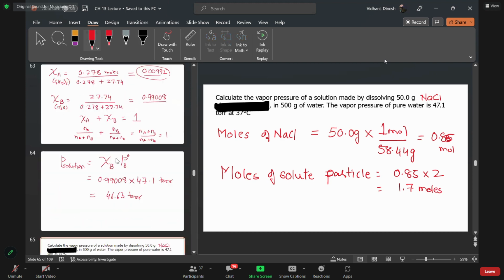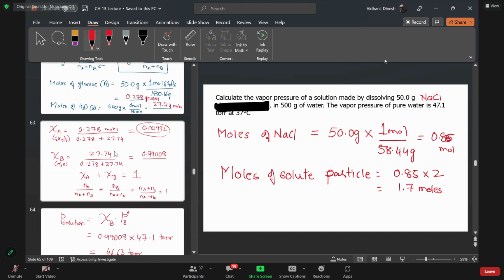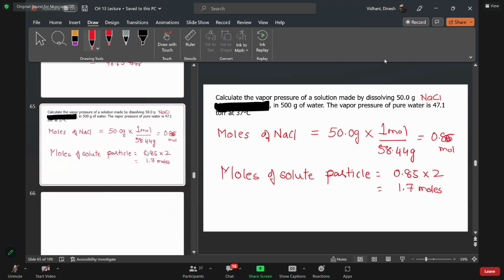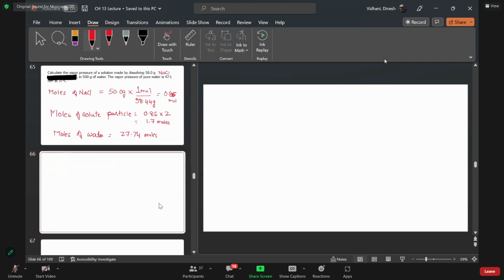Okay, and how many moles of water do we have? You just calculated that in the previous example. You had 27.74 moles. So moles of water is 27.74 moles. Okay, how about now we look at the mole fraction?